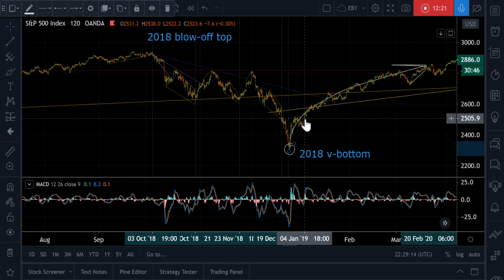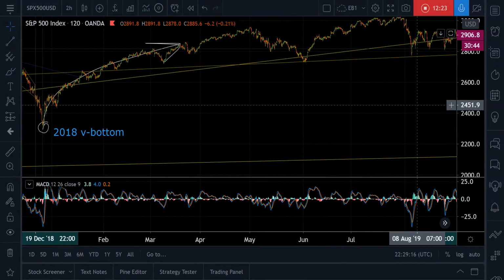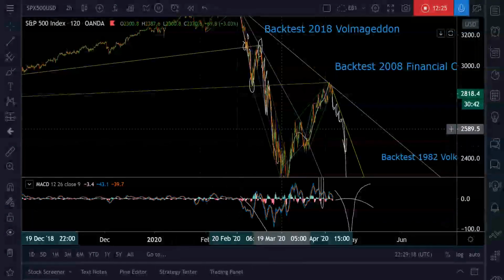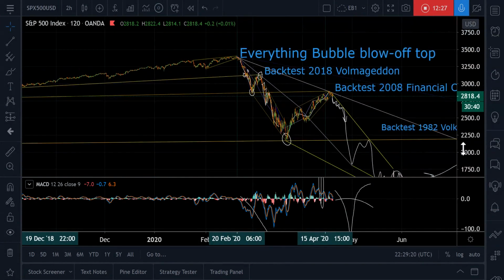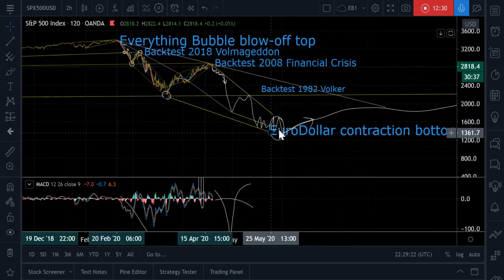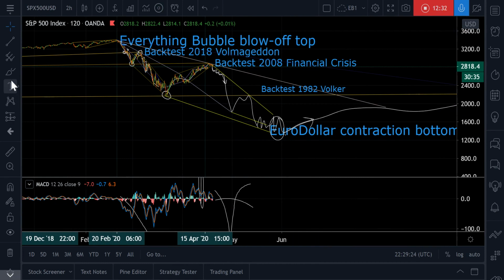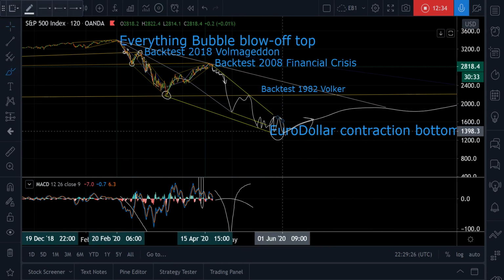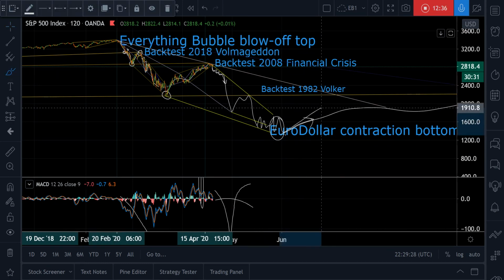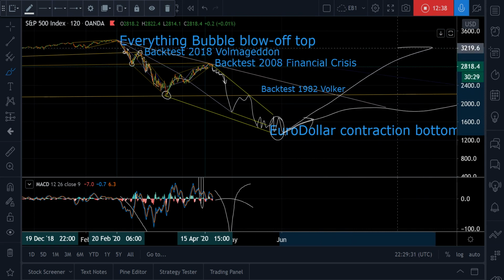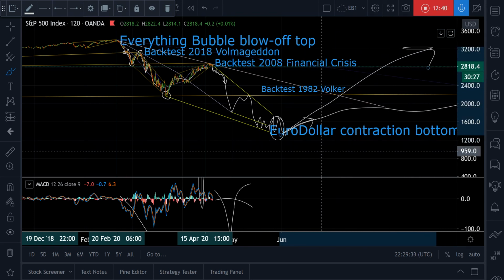And then if we come back over to our crash here in the bear market, this here is the 3-month bottom. So in the case of Volmageddon, we just got out of here and went back to higher highs.